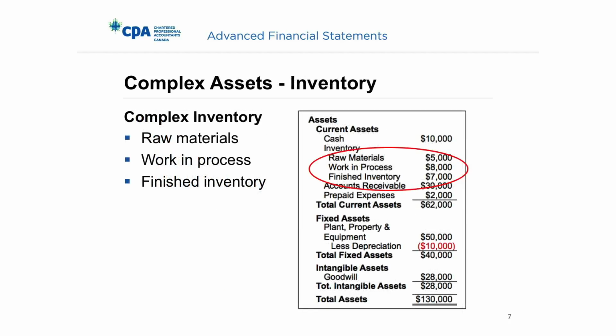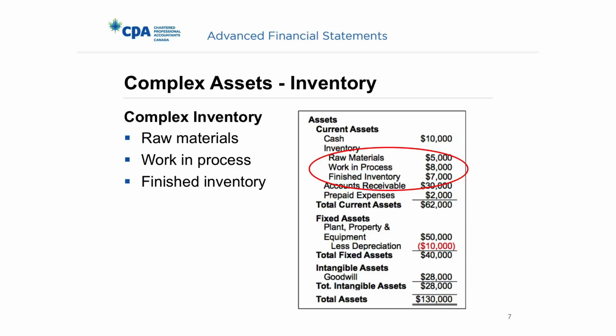Inventory. So there are different types of inventory, especially if you're a manufacturing company. If you're a simple business, you may only have finished goods, if you're a retailer or a distributor. Now, if you're a manufacturer, you can have different types of materials. First, raw material, which may just be the cost of the actual material you have.